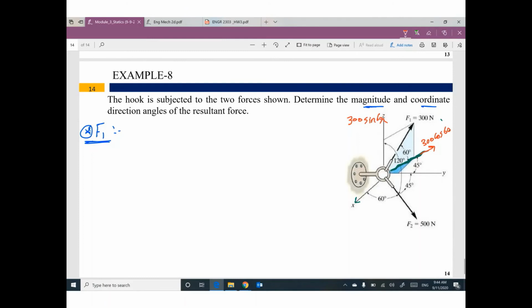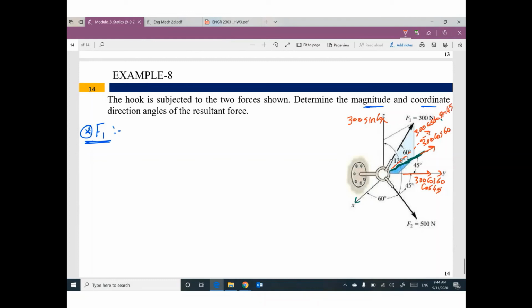Then between the horizontal, the projection line, and y, we have 300 cosine 60 times cosine 45. And in x, negative, will be 300 cosine 60 times sine 45.